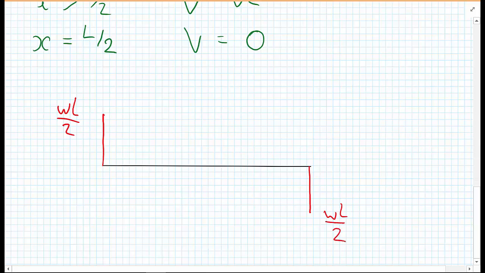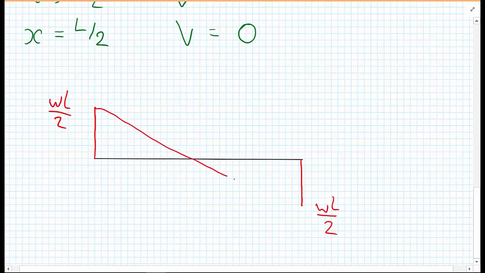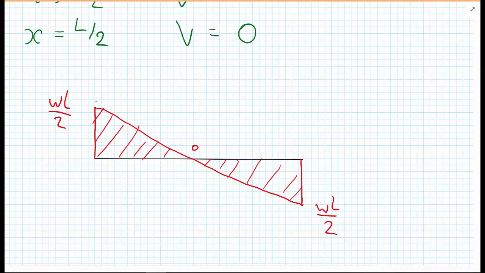Choosing the line tool now, we have a linear function varying between the two of them and passing through 0 at the point x equals L upon 2.